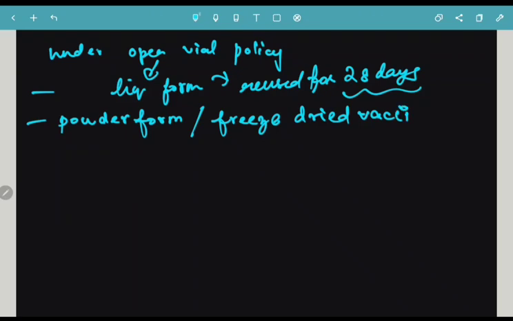Very important. And these freeze dried vaccines or powder form vaccines can be used up to around 4 hours.